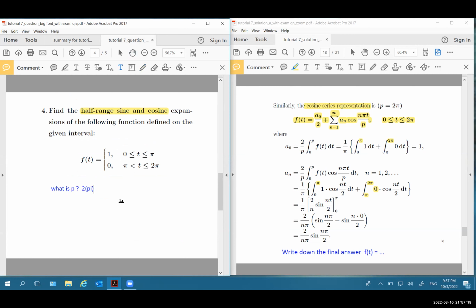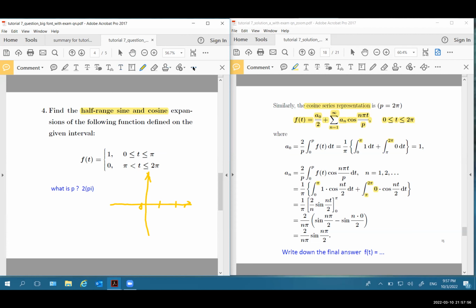So actually there's a discontinuity here. The discontinuity is actually at pi, right? Everyone can see it. So let's draw this graph. This is your axis. This is your 0, this is your pi, this is your 2 pi.